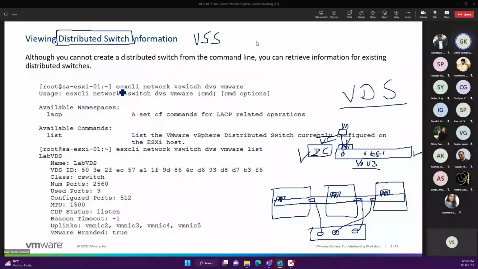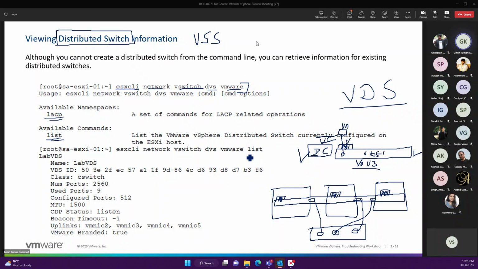If you want to see the ESXi-level distributed switch, ESXCLI network vSwitch DVS, we have one. After that, hit enter and it will show LACP and list. You want to see how many distributed switches it contains, or whether LACP, link aggregation control, is configured or not. You can use these two namespaces after this.